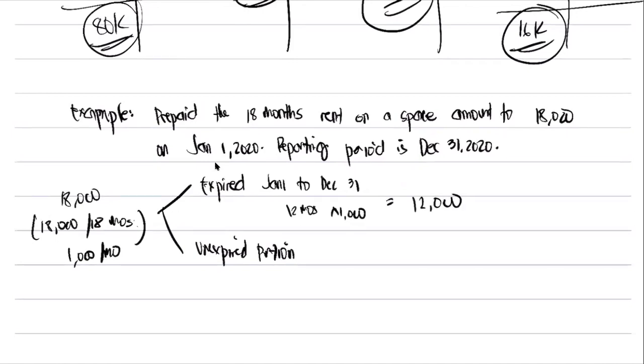So for our unexpired portion, since we have an 18 months time, less 12 months already expired, we have 6 months remaining multiplied by 1,000. This will give you a value of 6,000 pesos.